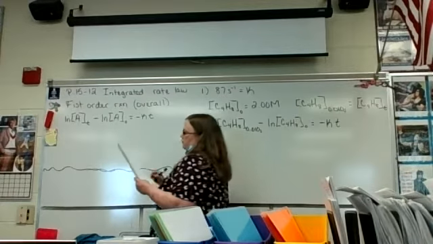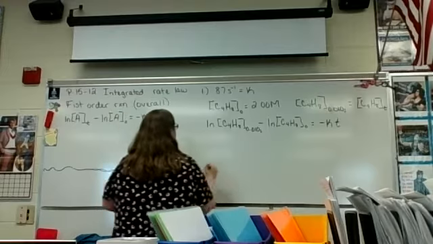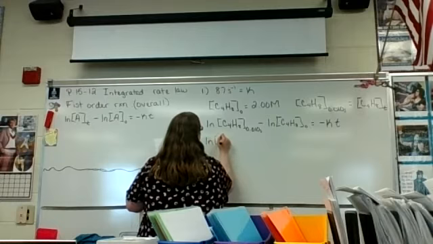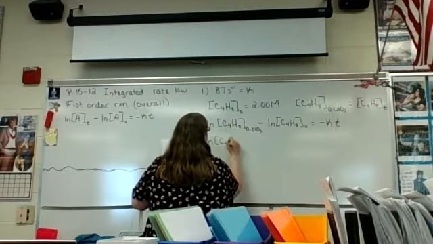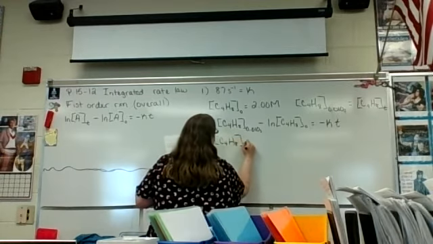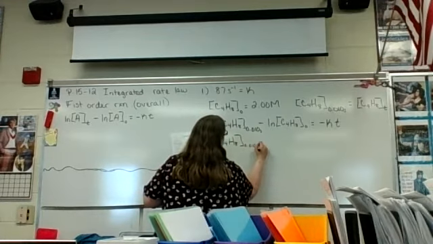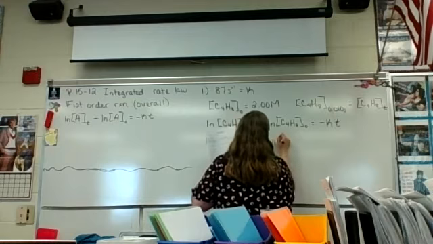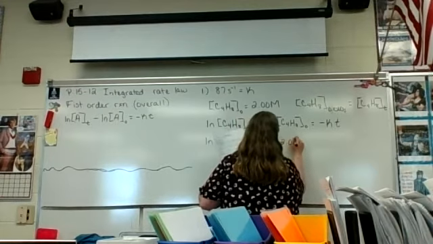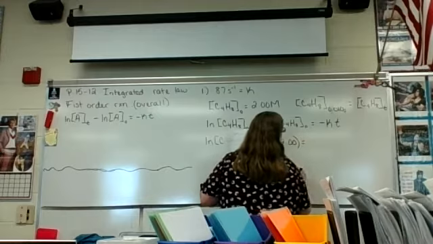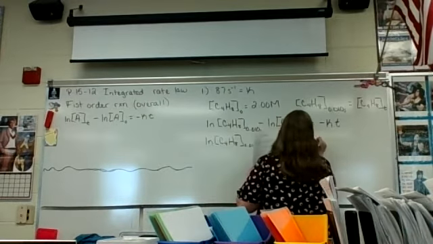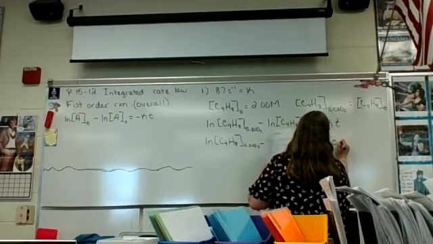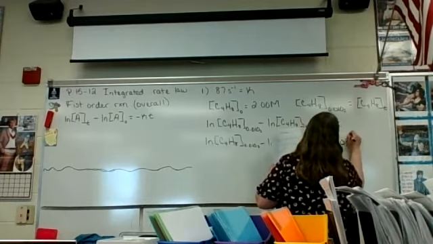So that gives us the natural log of the C4H8 concentration at 0.010 seconds minus the natural log of 2, right? Plug in your numbers, equals negative 87 times the time, which is 0.010.